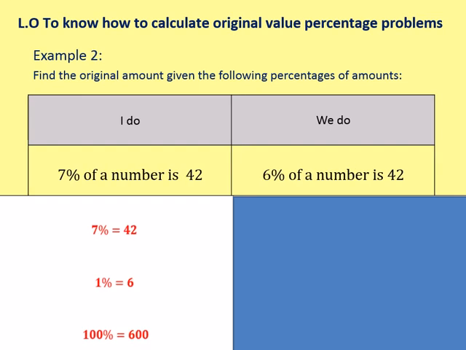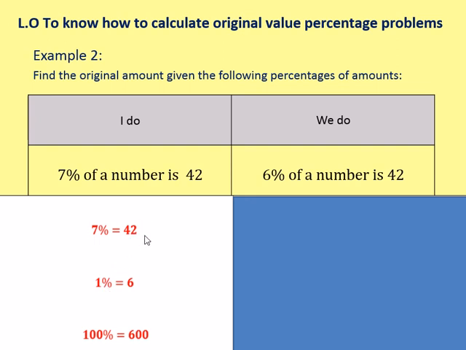Okay, so for this example, we've got 7% of a number is 42. So 7% is 42. We need to work out the original number, so we need to work out 100%. So if 7% is 42, first step should be to find out 1%. So divide this by 7, because 7% divided by 7 gives 1%.